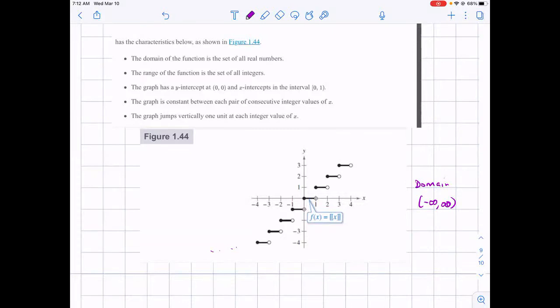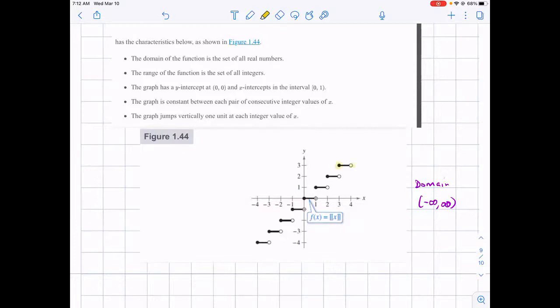Now, why is this important? Well, the greatest integer function, especially if you're a computer science major, sometimes you will hear of something called the floor function and the ceiling function. And what happens is that for the ceiling function, these dots here, the open circles, just show on the other side.